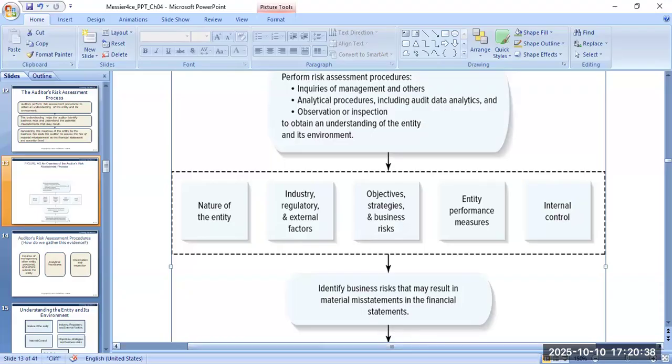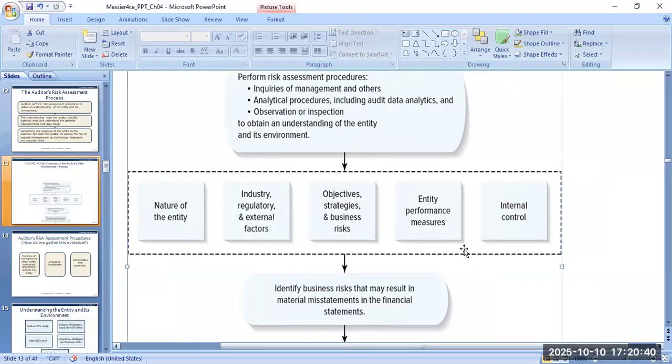What's the business risk? Then we're going to check the company's performance measures. We're going to do a simple financial statement analysis. Actually, we're not going to do it ourselves. We're going to plug all this information into the computer and ask some artificial intelligence to analyze the information and give us the final result.